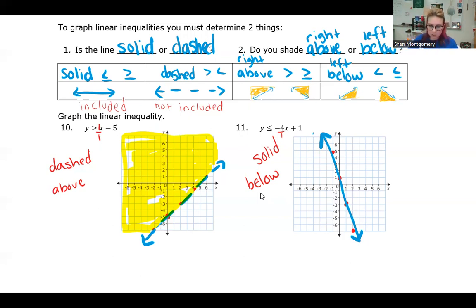And again, if it is tricky for you to know where to shade for below, you can start with a horizontal line. It's a horizontal line, and the symbol says that I'm going to shade below. So starting from a horizontal line, if I shade below, we all agree it's down. For this one, I have a negative slope, so if I just shift my graph, it's going to shade in that direction.